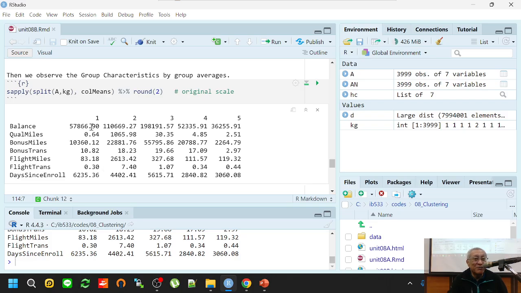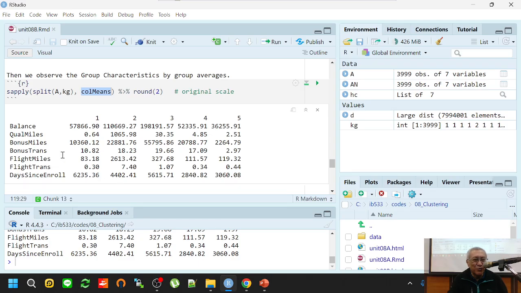One way to observe them is to split the original data by this group variable, and then do a column means. So this is the average balance of the first group. This is the average balance of the second group, right? And then you can compare these numbers so you can see the difference between each group, isn't it?